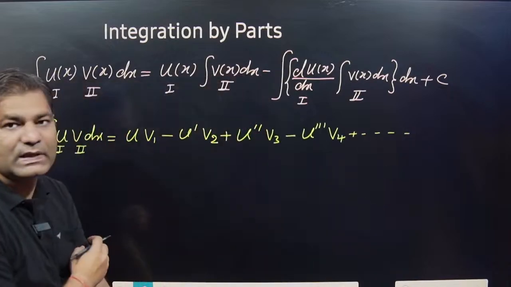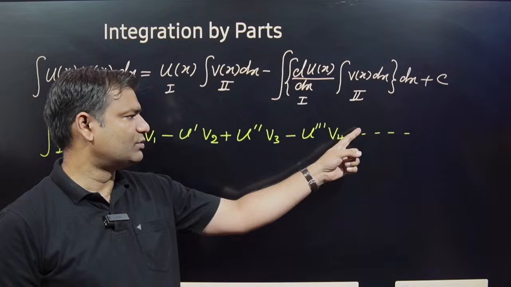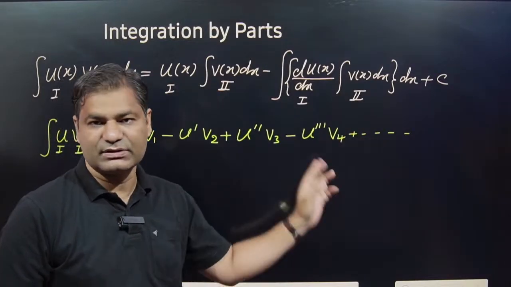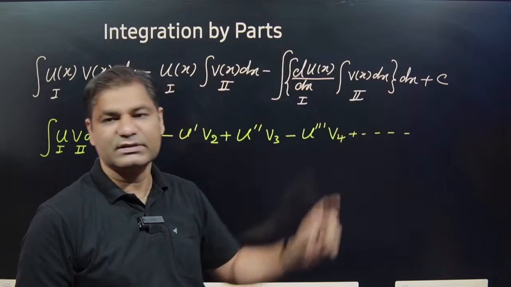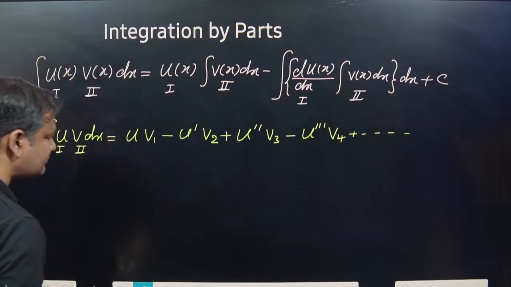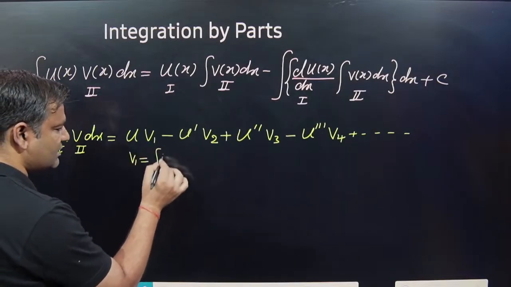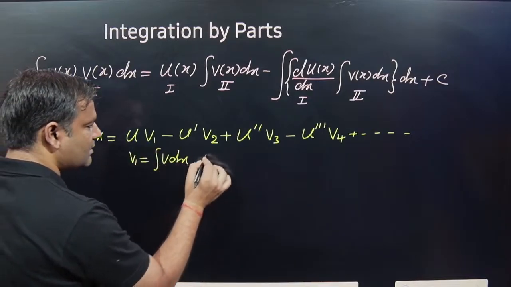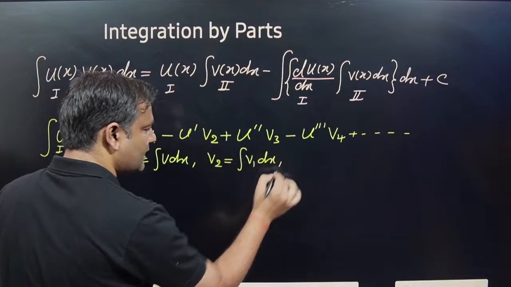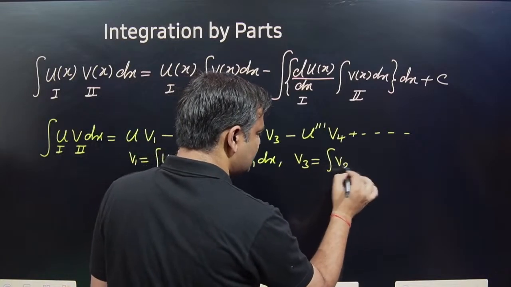Clear? Plus minus plus minus plus minus, so here u 4 times differentiated and v 5 times integrated, if you want to write the next step. Then clear? What is the meaning of this? v1 means integration of v dx. What about v2? Integration of v1 dx. What about v3? Integration of v2 dx.